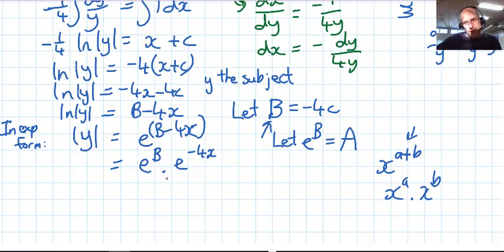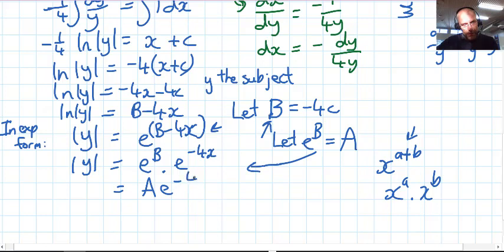So I've chosen index law 1, where we've got this as a negative 4x there. So it's like me saying, back on this line here, we've got e to the b plus negative 4x. That's where I'm going to make this substitution. So we have a nice neat exponential equation there: A e to the negative 4x on the right hand side.